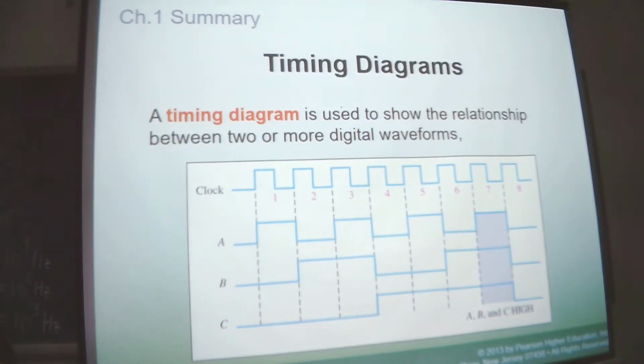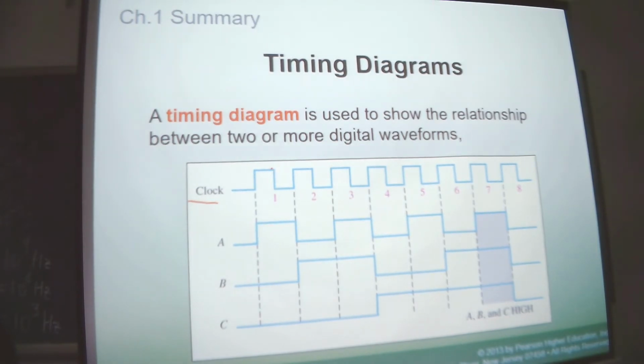Timing diagram is another term. A timing diagram is used to show the relationships between two or more digital waveforms. The first signal is the clock signal. It is a periodic waveform.